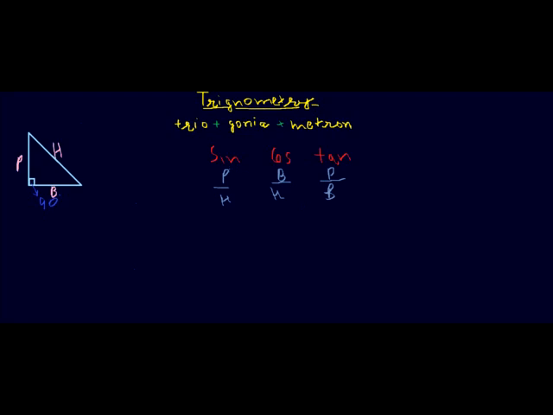Now, how can we find out in a right triangle which is perpendicular and which is hypotenuse? The hypotenuse is always opposite to the right angle, but how can perpendicular and base be found out? Let's say here is some angle, let's say it's theta. So here is angle theta. If we have to find sine theta, we know sine is perpendicular over hypotenuse.